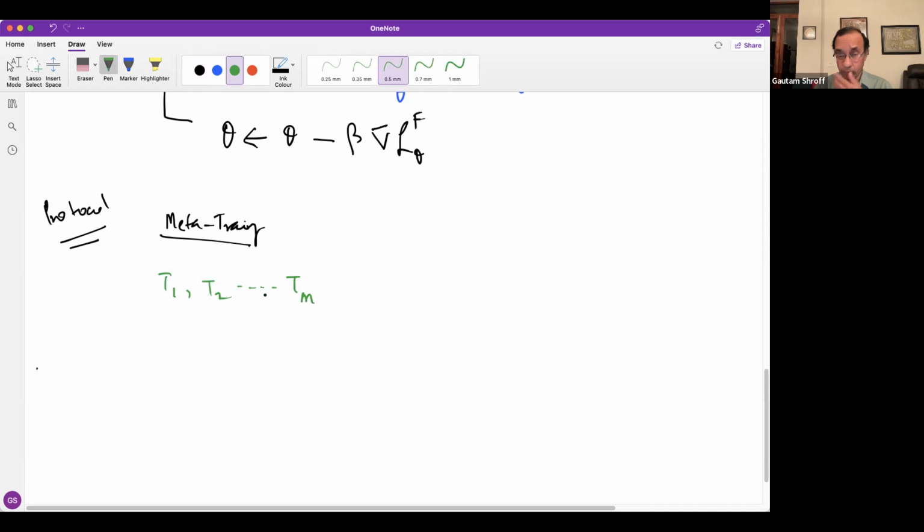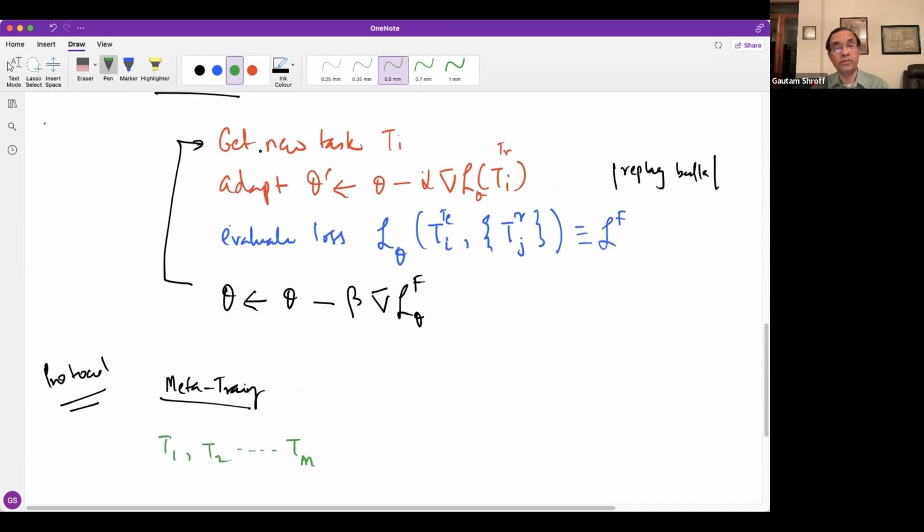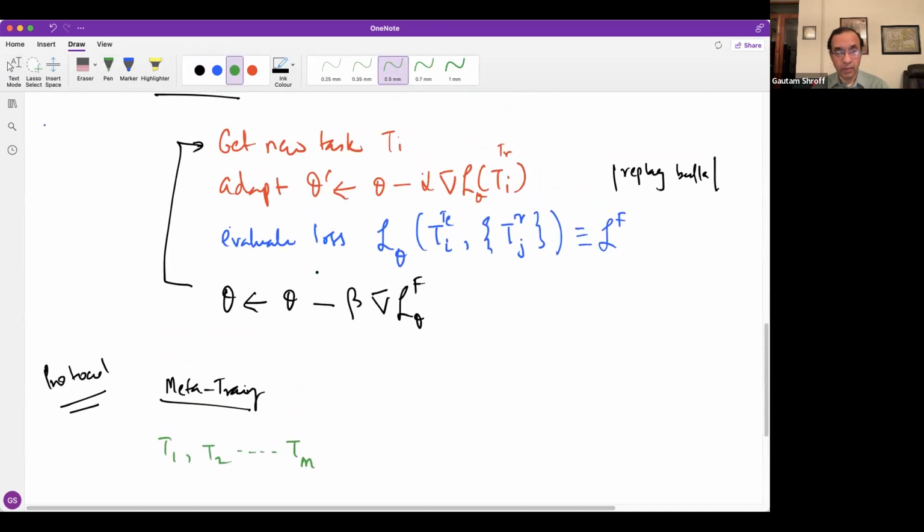And on this, you do this procedure. You keep things around, evaluate this loss and do all this stuff. And what have you done here? You trained it in a manner so that when it learns new tasks, it is trying its best to avoid forgetting, because if it forgot, it would do badly on these tasks, right?